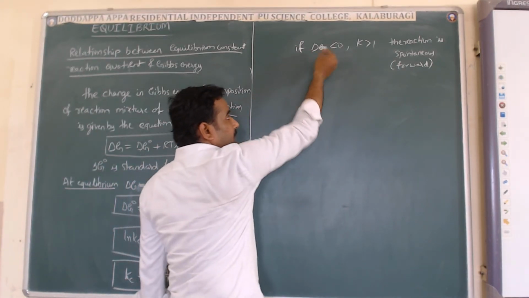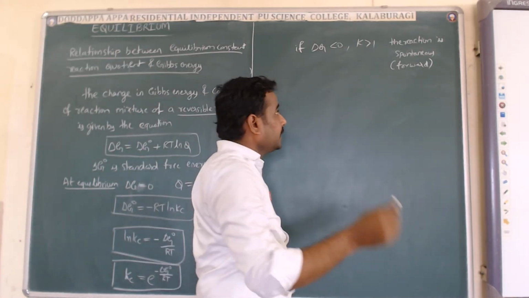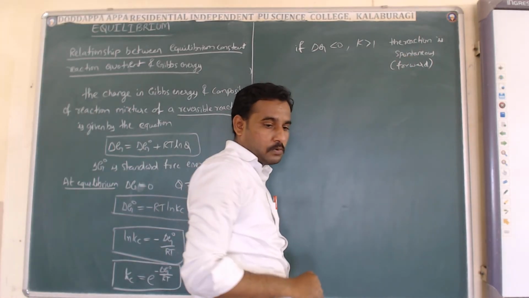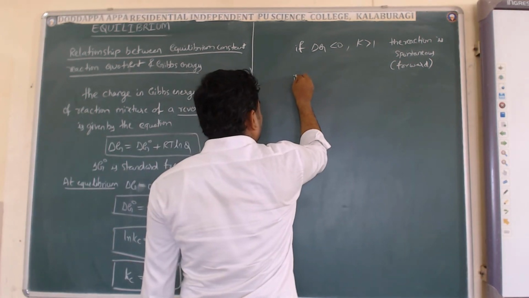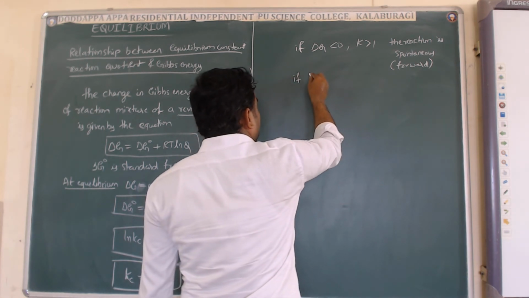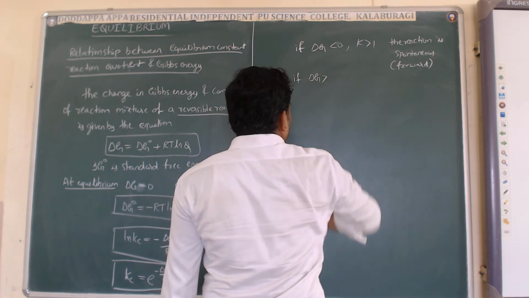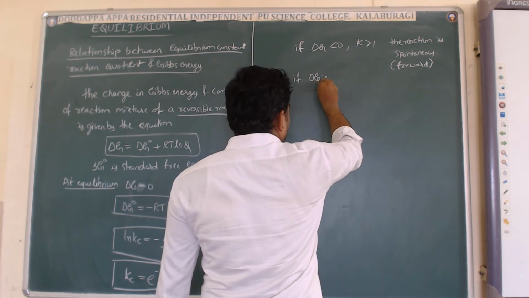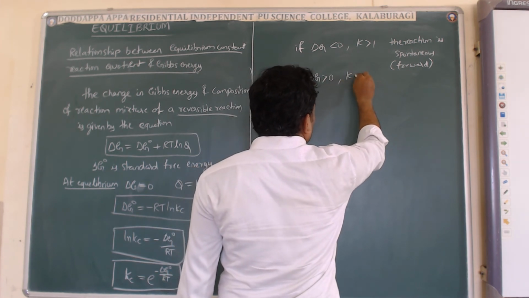Suppose delta G naught is less than 0, then K is greater than 1, which means the reaction is spontaneous, and a forward reaction is taking place. If delta G naught is greater than 0, then K is less than 1.